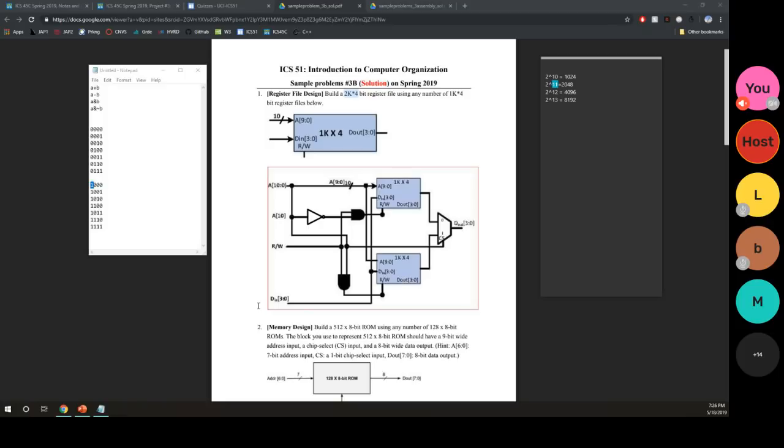They have to be connected because it comes out of A10 to 0.